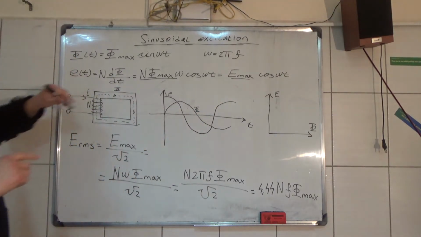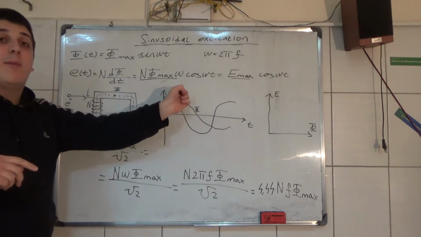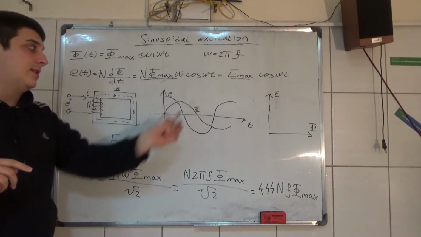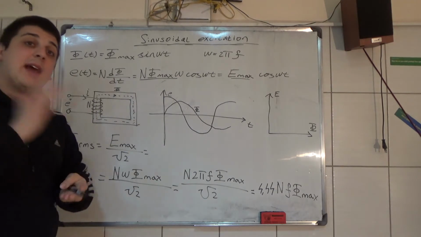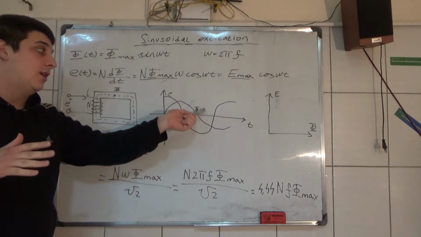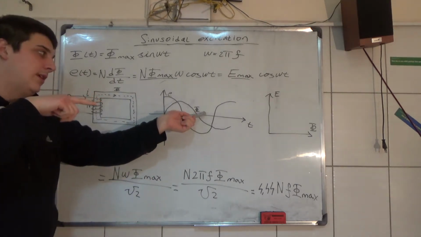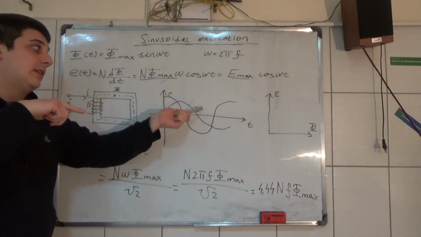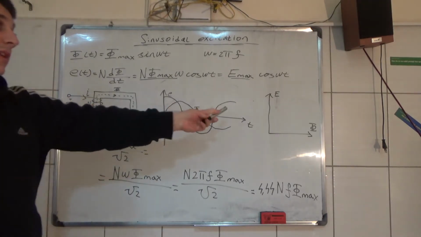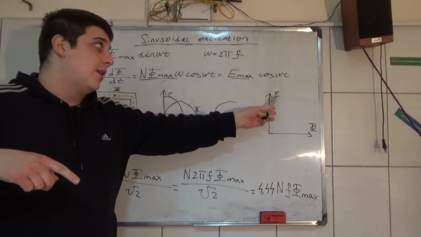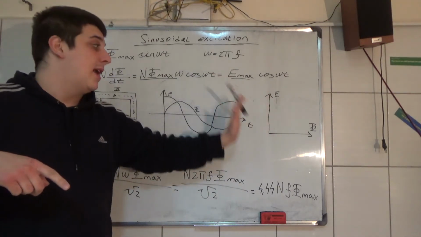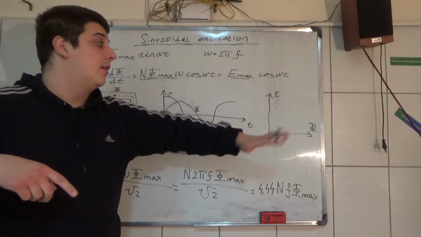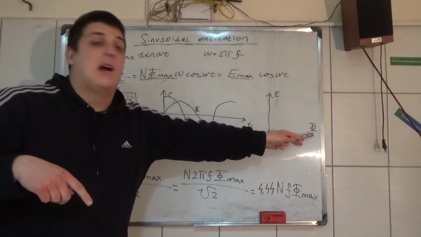Now, as you can see, the induced EMF is leading by 90 degrees in front of this flux. As you can see, we have E that is up, and perpendicular to it you have the flux.